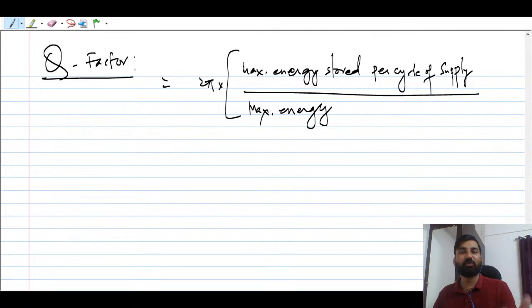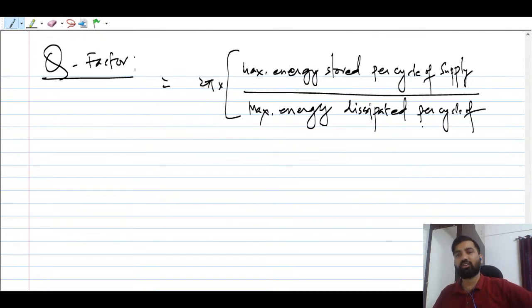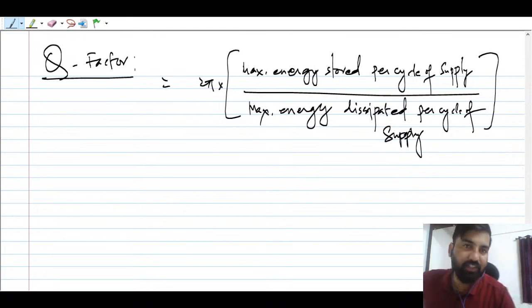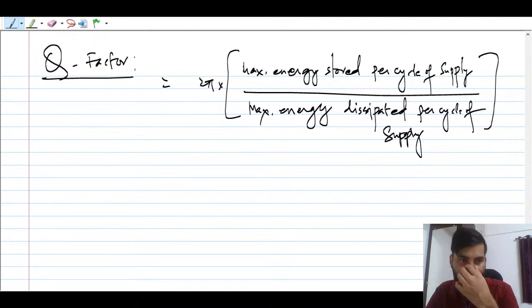Q factor is 2 pi times the maximum energy stored in one cycle upon the maximum energy dissipated per cycle of supply. So energy stored upon energy dissipated is going to be called Q factor. You have to write 2 pi times that.